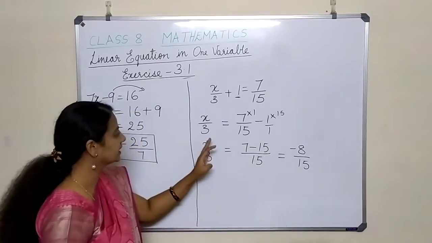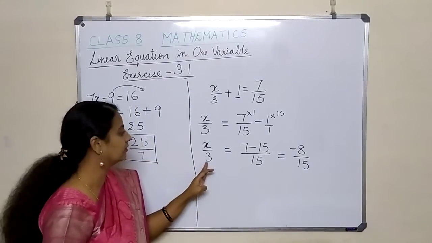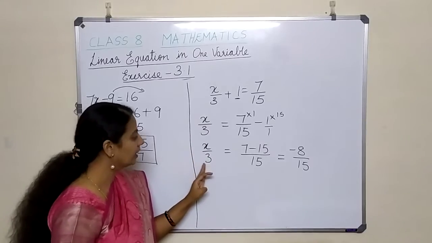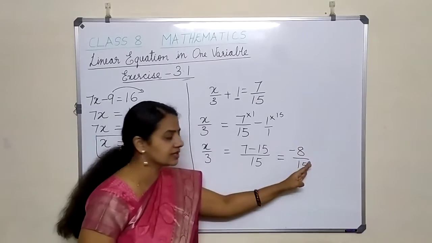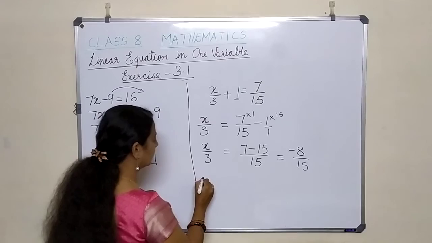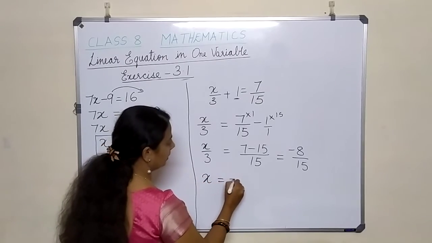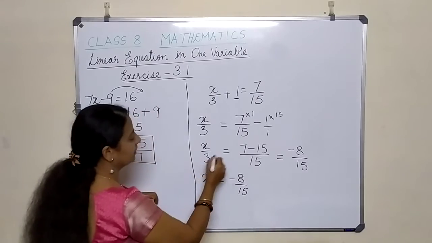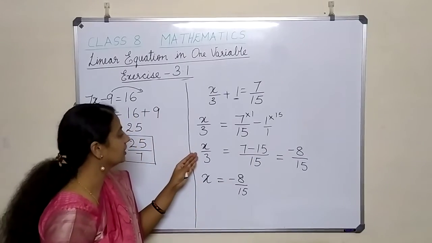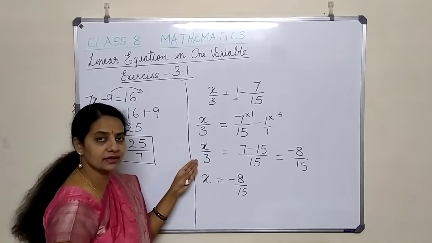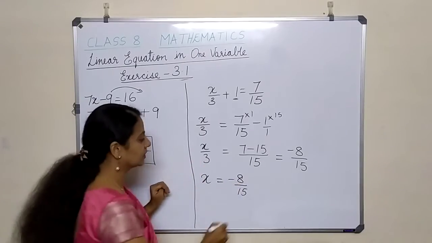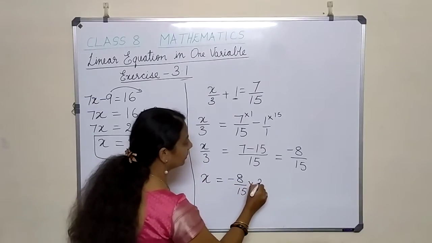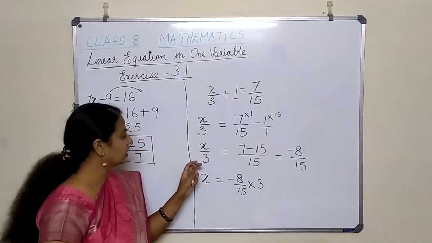No, because x is again associated with 3 in the form of division, x by 3. Now we have to transfer this 3 to the other side. Okay, how do we do that? So write down this as it is. 3 when it goes to the other side, which is a divisor here, it becomes a multiplicand. So it is into 3. Should we change the sign?